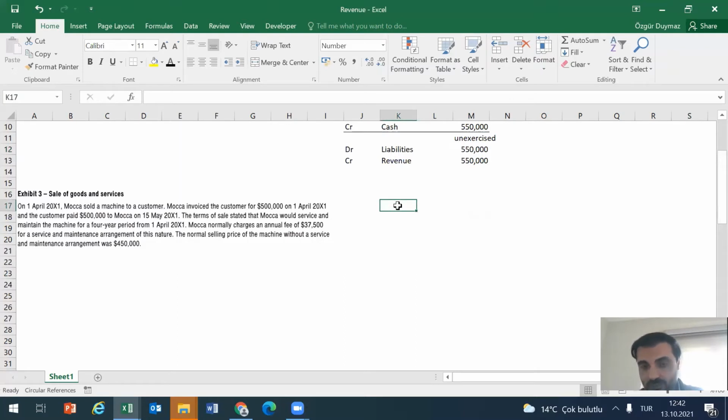We need to calculate the portion of each type of sale.